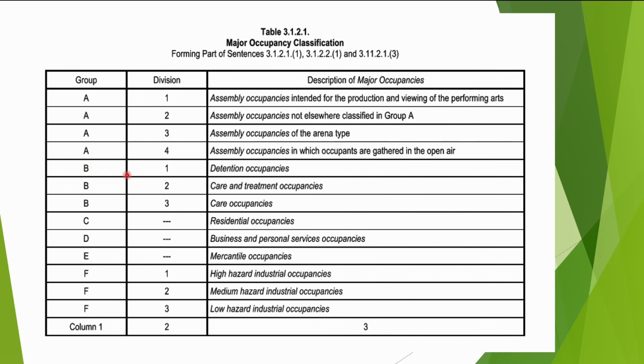Let's say Group B, we have Division 1, 2, 3. Group C, you don't have any division, and so the rest goes on. Now, the question is, why are we dividing buildings into different groups and divisions? Again, it's all based on the risk of fire.